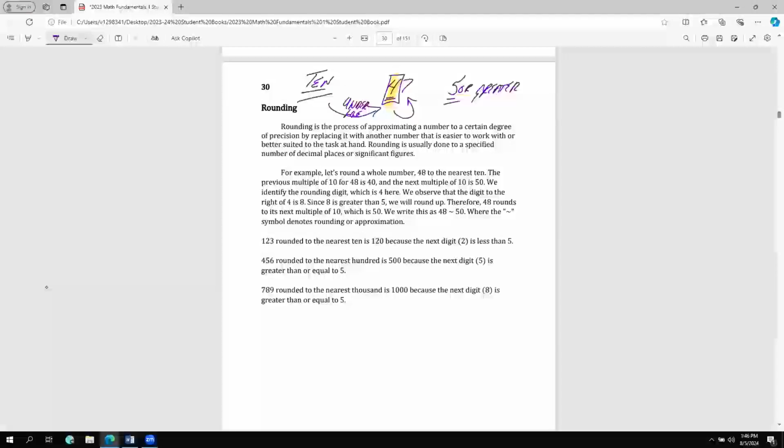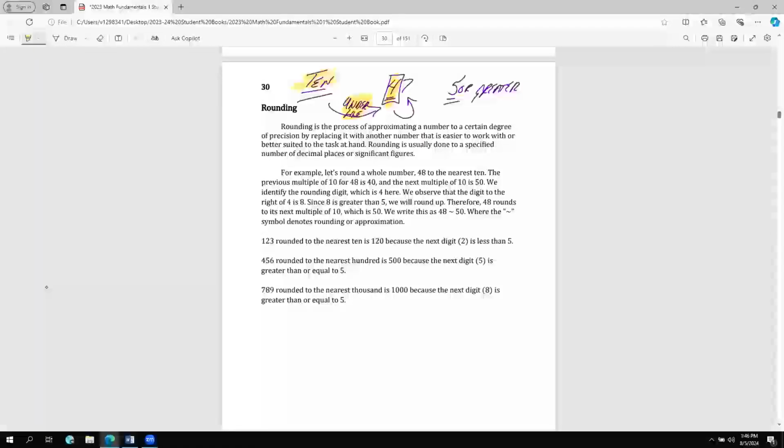So let's repeat this process. They tell me to round to the nearest 10. My first step is to underline the value that's in the 10 spot, and that number is a 4. Now, it's not that digit that tells me whether to round up or down. It's the number directly behind.